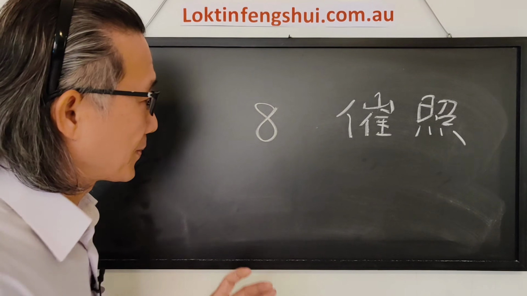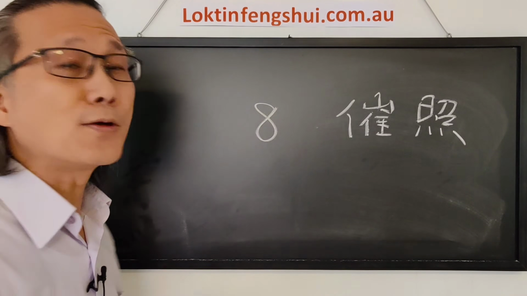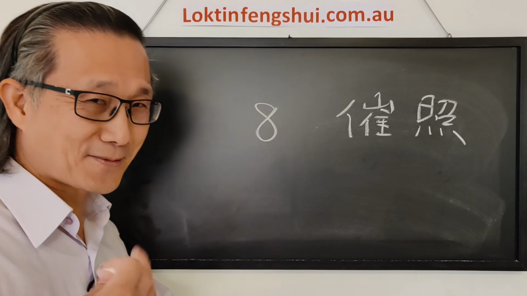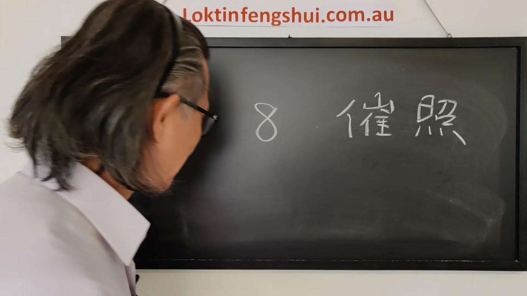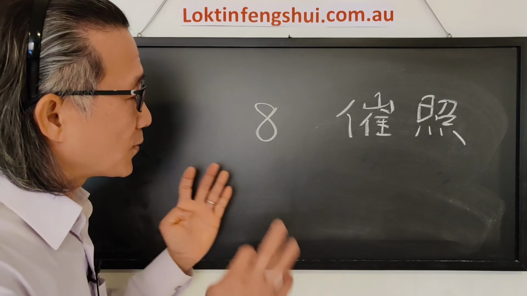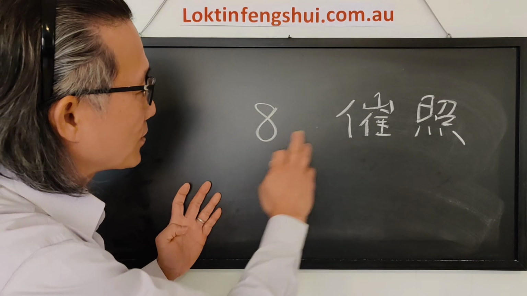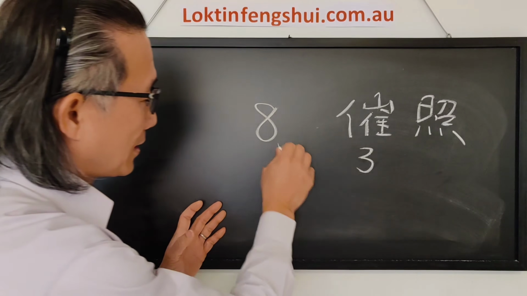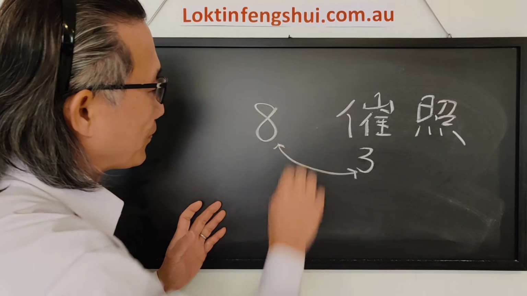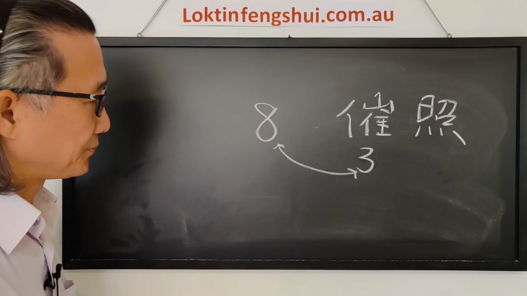If you are new here, maybe you can watch some of the earlier videos where I talk about period 8. So the Cui to period 8 is 3. So actually it is like a Ho Tu combination.